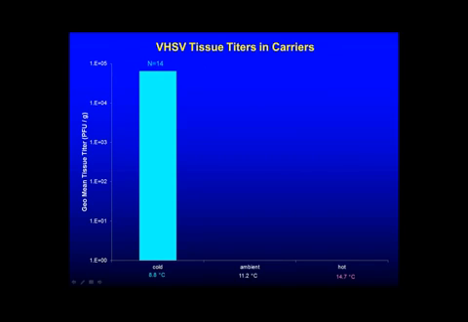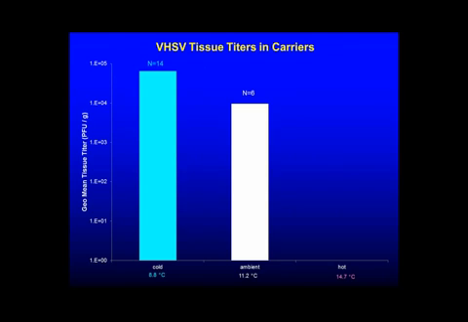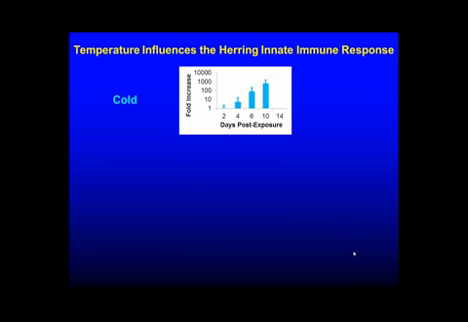So what is causing this temperature relationship in this particular host pathogen example? In this case, it really boils down to the immune response. These next 3 graphs that I'll show you are a reflection of the MX response. MX is a herring immune response gene, and what the MX response indicates is how well the fish is producing an antiviral response. If we have a large fold increase of MX, we have a large antiviral response.